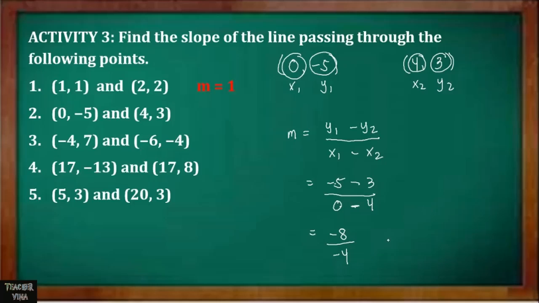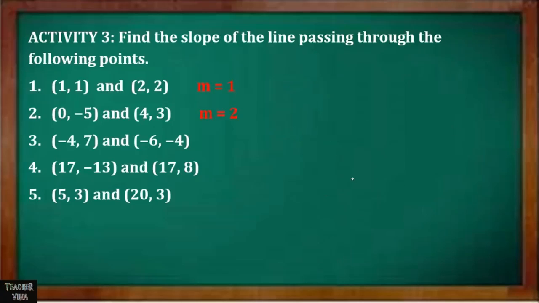Negative 8 divided by negative 4, that is positive 2. Therefore, the slope here is 2. So, ganun din kung gagamitin natin yung isa pang formula na y sub 2 minus y sub 1 over x sub 2 minus x sub 1. So, parehas lang yung makukuha nyo sagot.